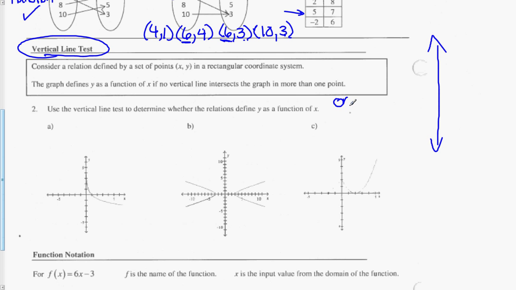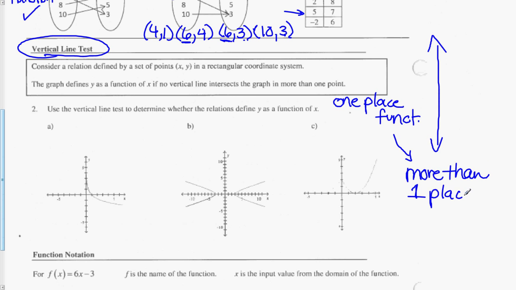You may have to draw multiple vertical lines, but that one would be a function. If you draw your vertical line and you touch in more than one spot, then it is not a function.